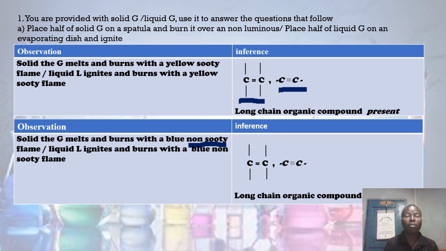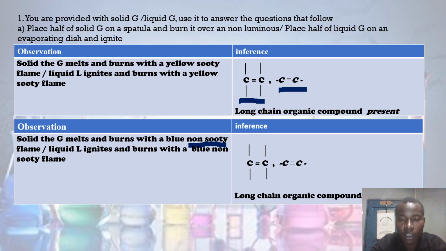It will burn with a blue flame, which is non-sooty. But if you ignite another liquid like hexanol, you are going to find it burning with a yellow flame, and it usually produces a lot of soot that the learner can easily see.